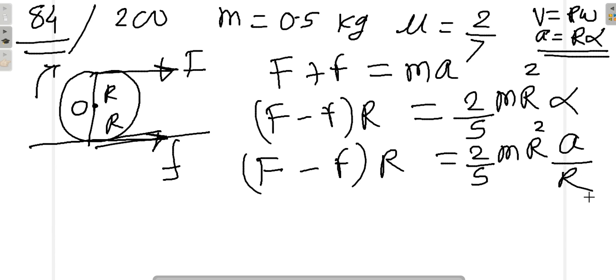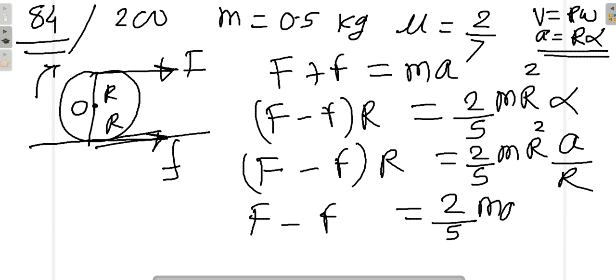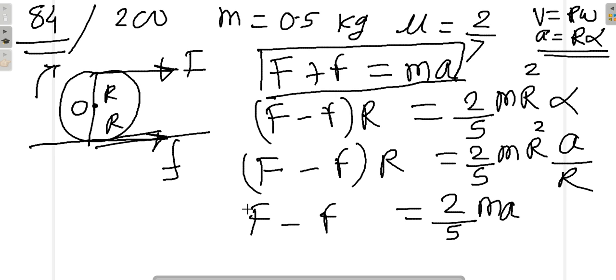Please simplify this. This R, this R, this R and this R will cancel, and you will get F minus small f as 2 by 5 m a. So this is one equation, and this is the second equation.